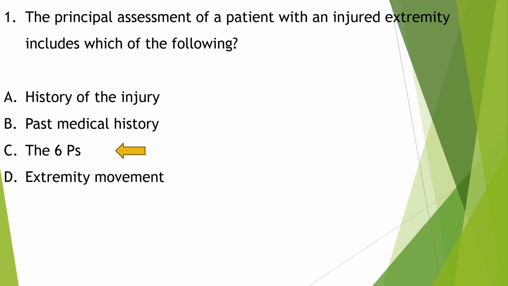The 6 P's of compartment syndrome are passive pain at rest, along with pressure, paresthesia, pallor, paralysis, and pulselessness.